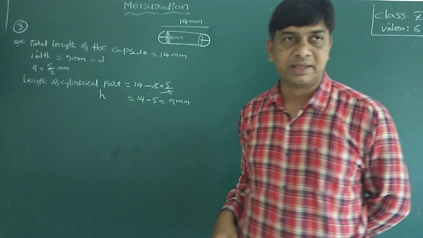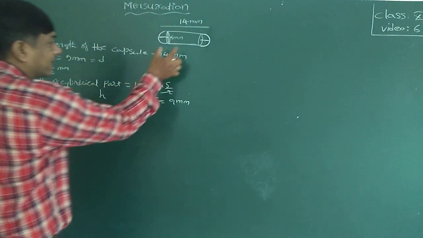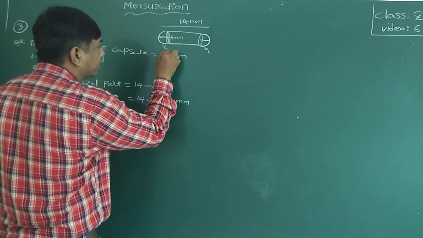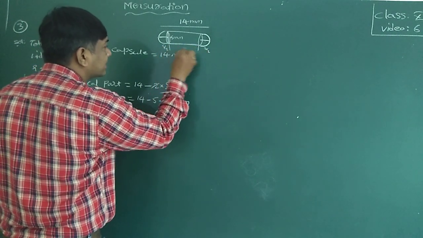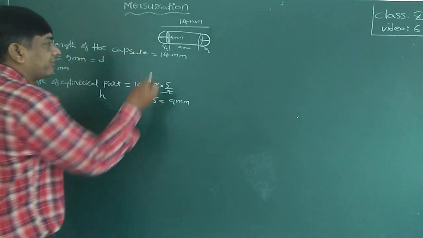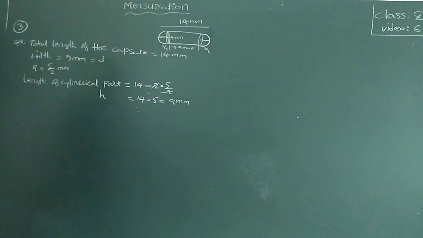They are mounted, with a common base. Now the length of the cylindrical portion: this is 5 by 2 and this is 5 by 2, and from here to here it is 9 millimeters.